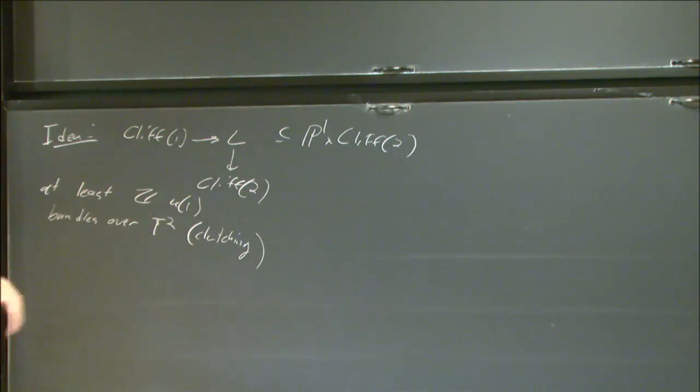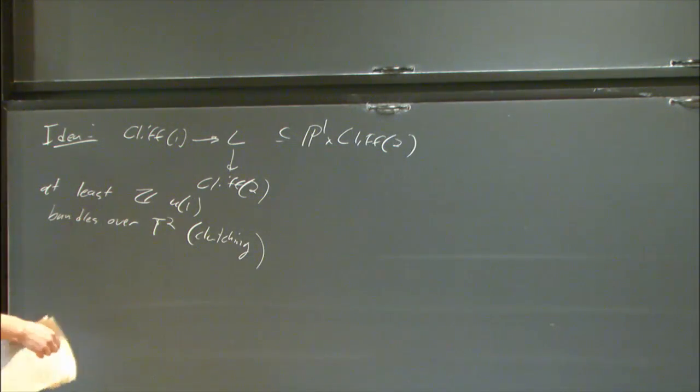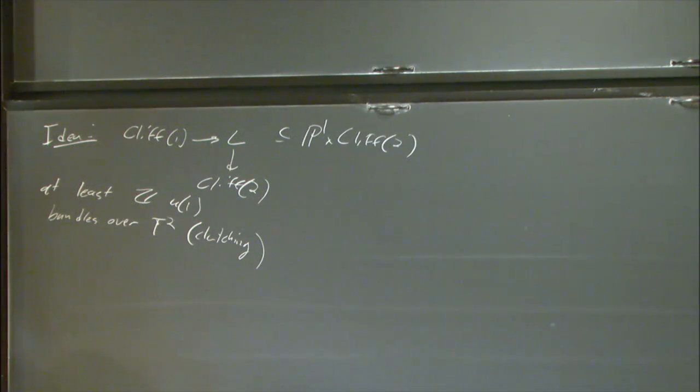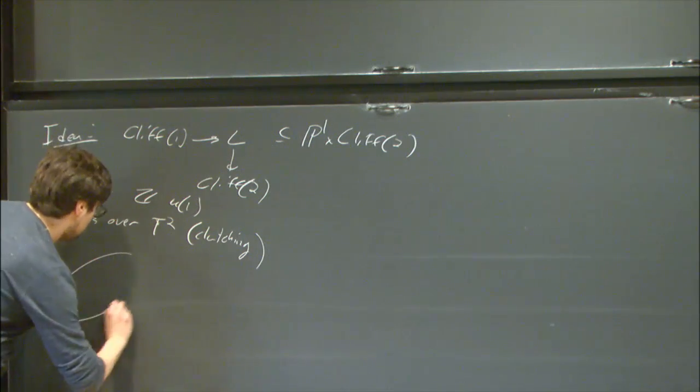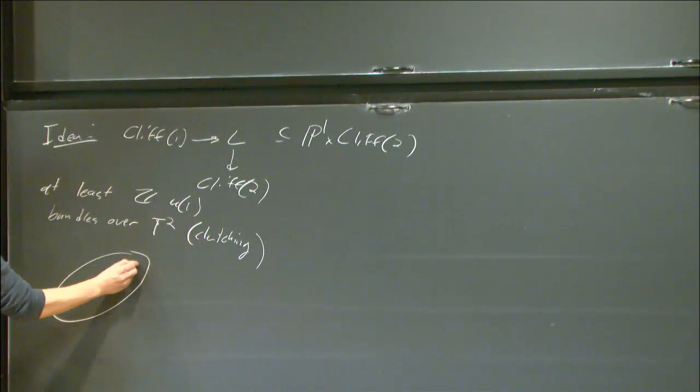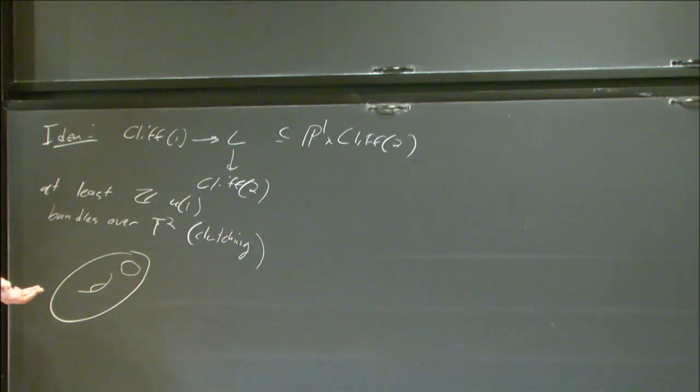Sorry, what do you mean by clutching in this context? Sorry? What is clutching? Oh, like how many U1 bundles are there over T2, at least topologically? And then you would remove a small neighborhood here, and that retracts onto, yeah, so this clutching construction.